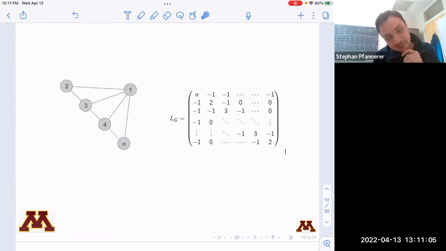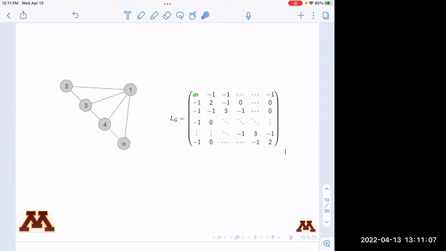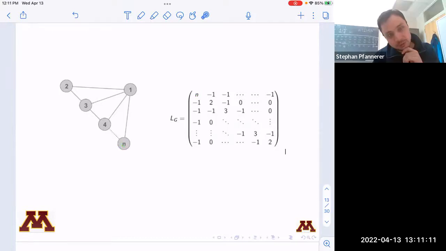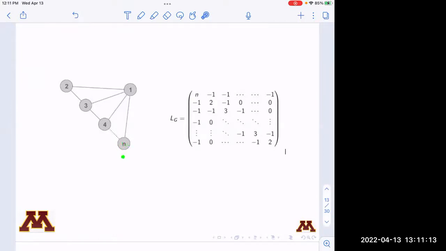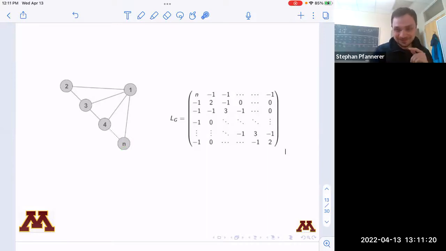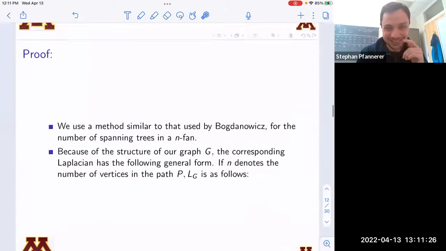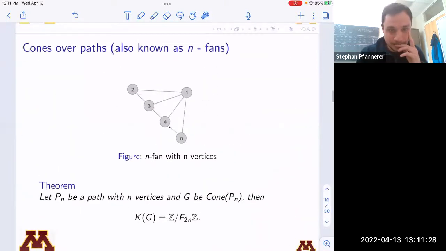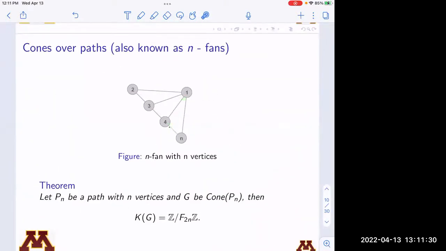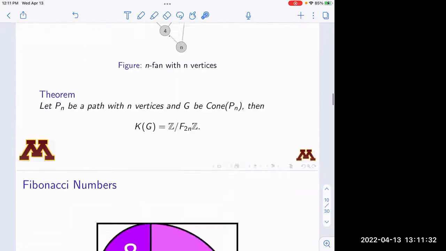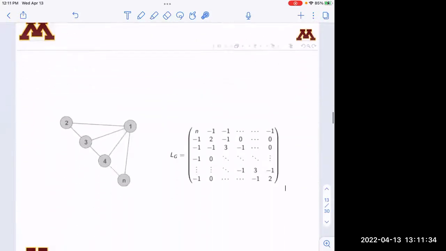Yes, so maybe I should have labeled the graph differently. Sorry. You are correct. I feel like I need to be a little better with the graphics, because there are obviously several edges missing. But all right.